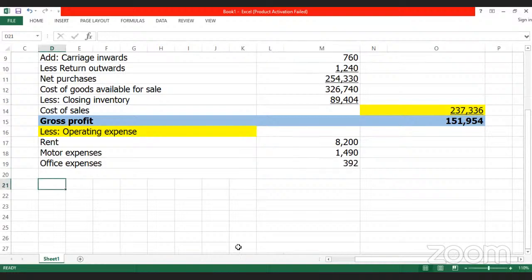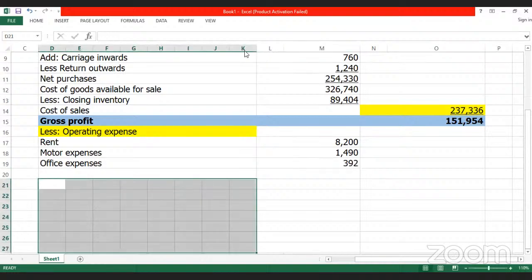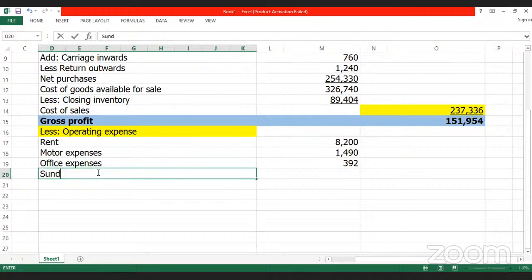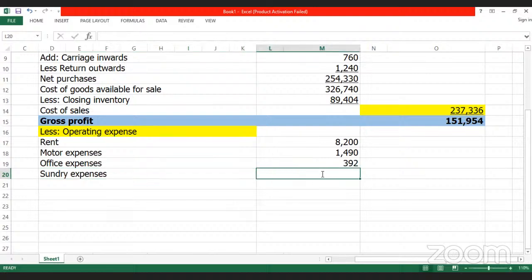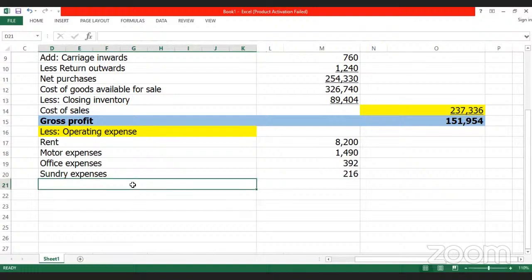Which operating expenses do we have here? Sundry expenses. How much are the sundry expenses? 260. What else do we have?